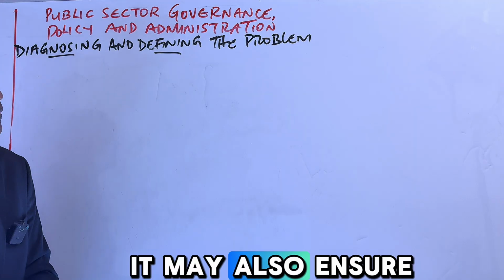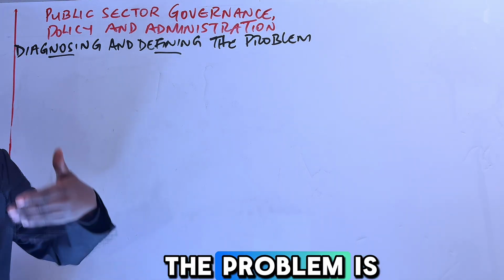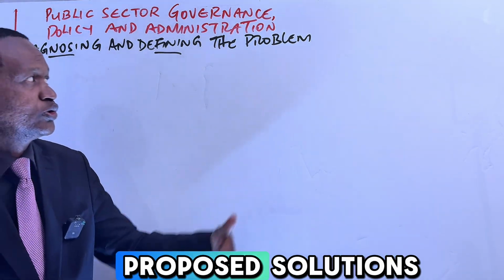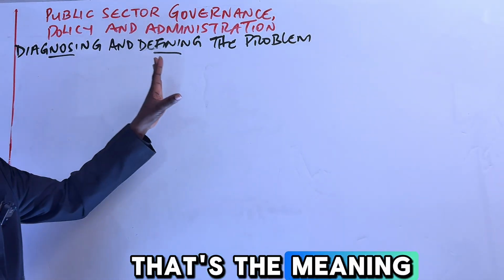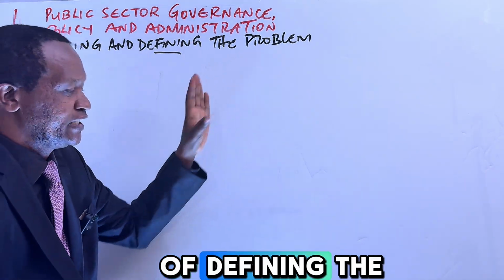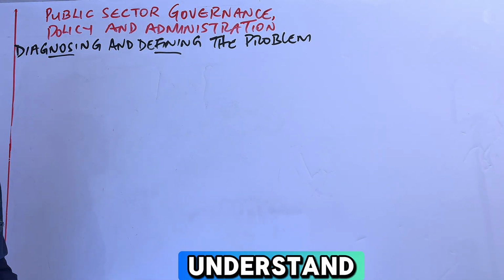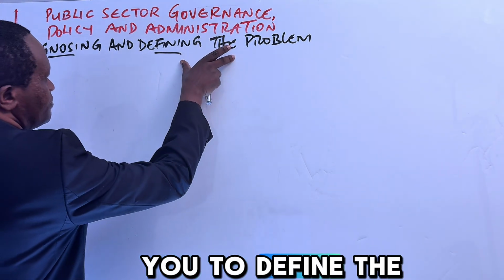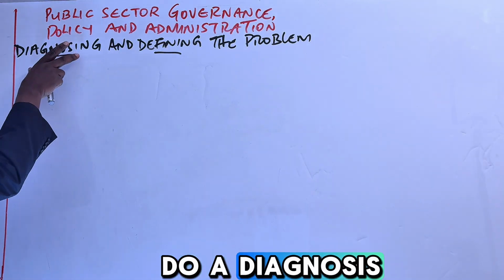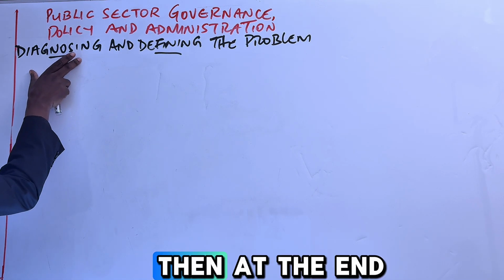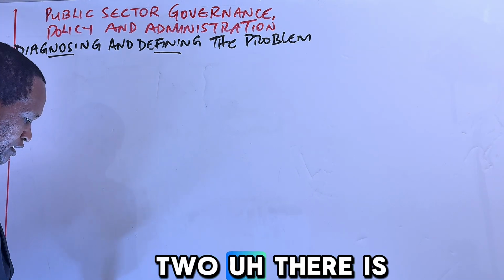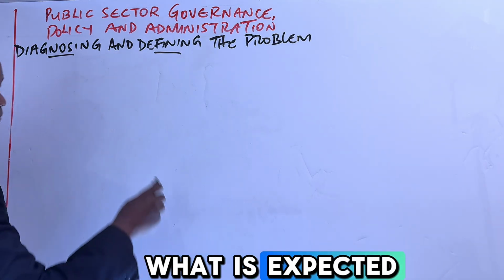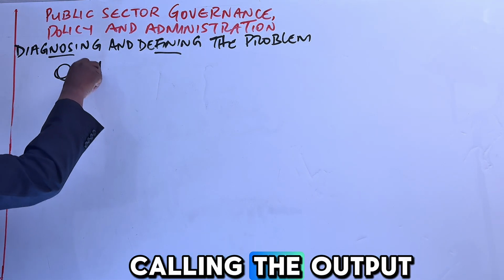It may also ensure the problem is separated from proposed solutions. That's the meaning of defining the problem. You understand? Now, we've seen for you to define the problem, you first do a diagnosis. Then at the end of these two, there is what is expected, what we are calling the output.